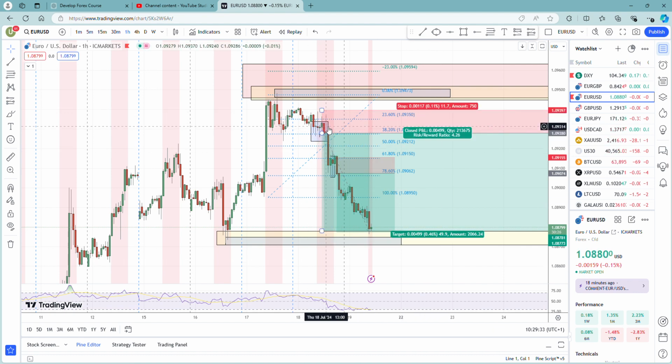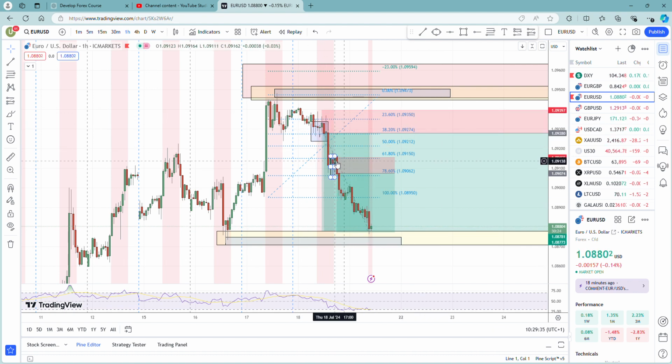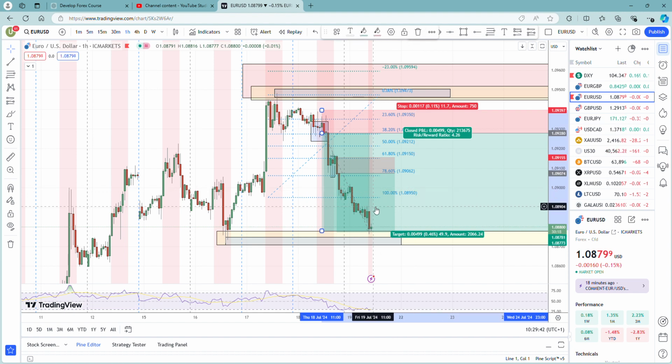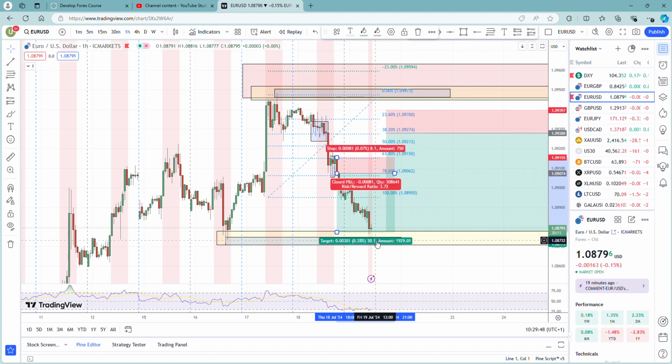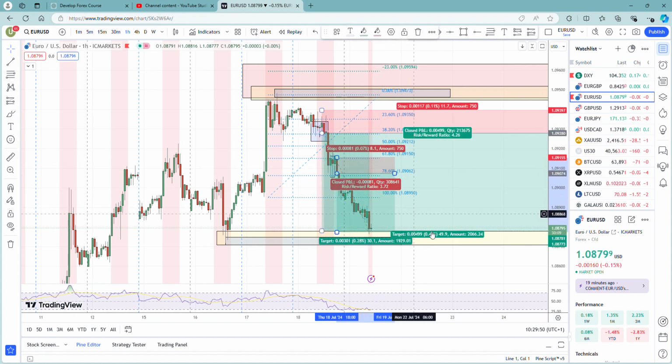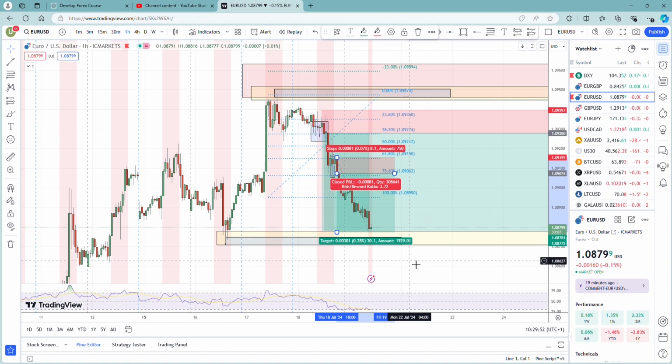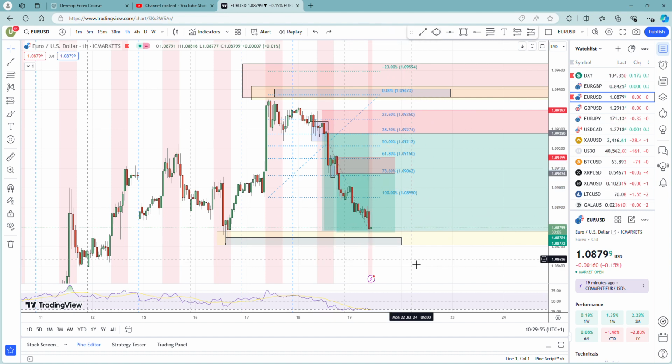I did a repeat entry here where I entered on this candlestick, then I entered here again on the previous lower high, and I made 50 pips on this trade, and if I can just select this smaller one, I made 30 pips there. So 50 and 30, that's 80 pips, £8,000 made yesterday.